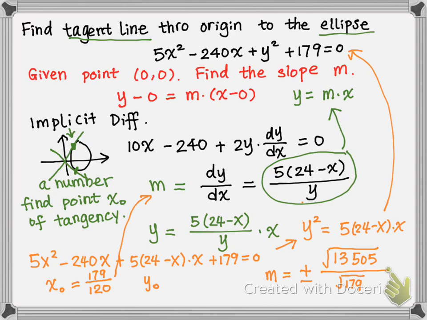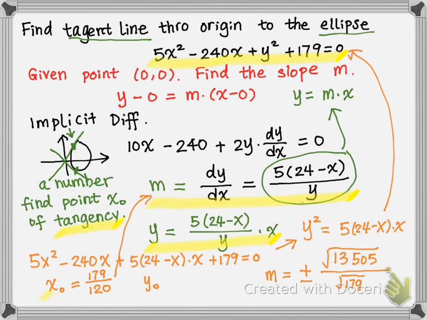So the key point in this question is that you do know the expression for the slope. So once you find the expression for the slope, you need to plug it into the tangent line and use that expression back in the original equation to find the point of tangency.